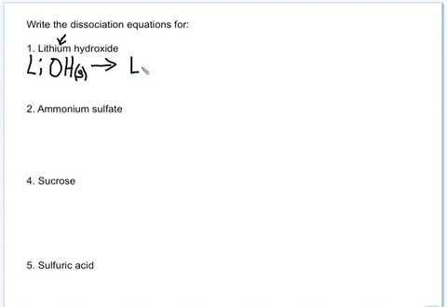That's called dissociation. So it's going to form lithium, and you would put a +1, because you have to show that it's an ion, plus a hydroxide ion, which is OH -1. Okay, that is how you would write a dissociation equation for lithium hydroxide.